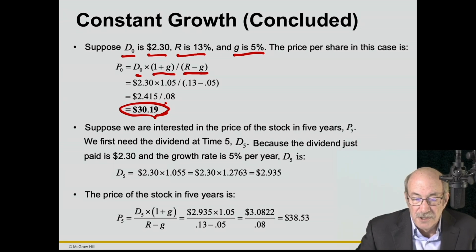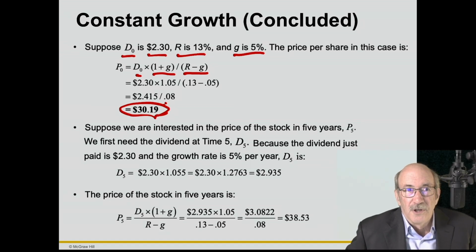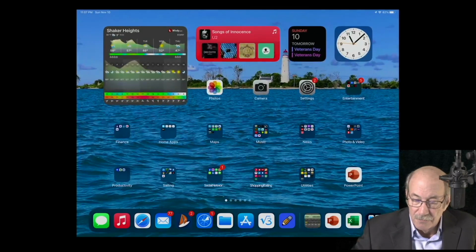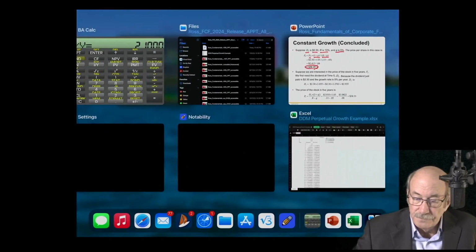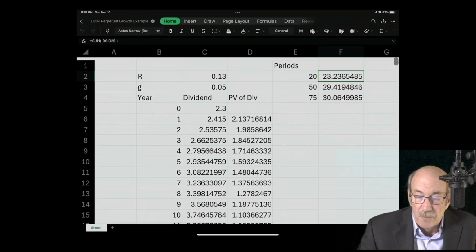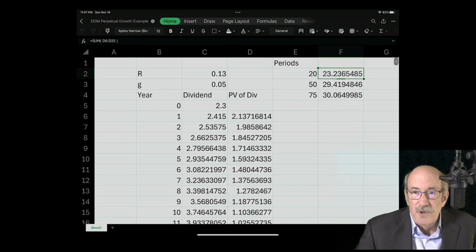Now, I wanted to show you just a kind of an analytical proof that this formula is actually right. I've got a spreadsheet here. What I've done with this spreadsheet is I've taken the values out of that problem. So notice that we have R up here at 13%. We have a G of 5%.